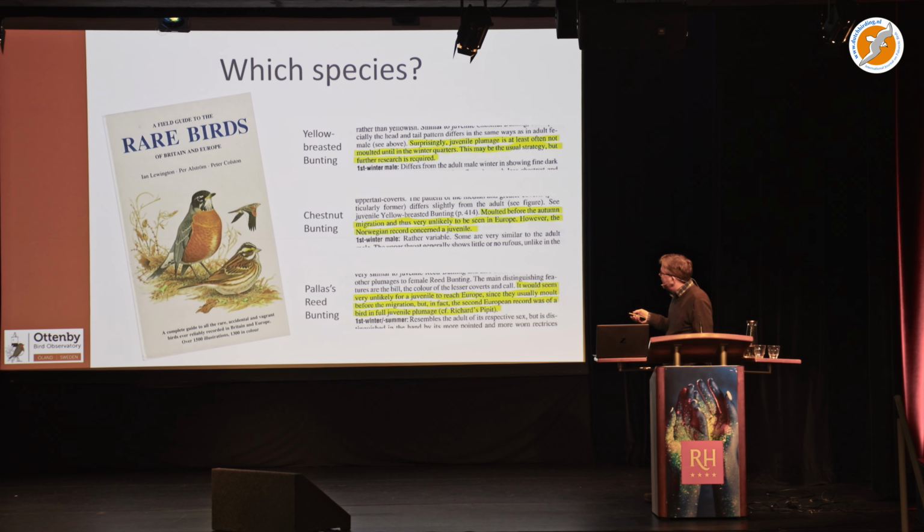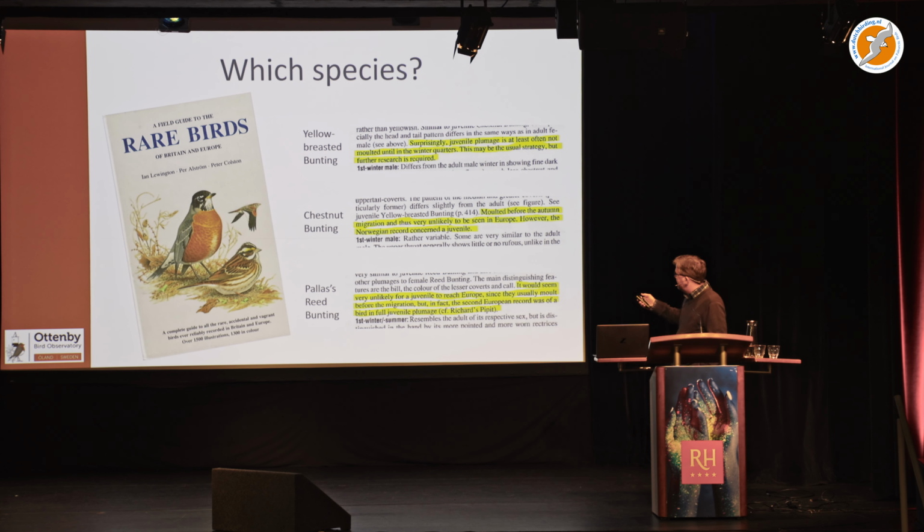But then, if we continue with chestnut bunting, Per writes that the juvenile plumage is molted before the autumn migration and thus very unlikely to be seen in Europe. However, the Norwegian record concerned a juvenile. So he does think it's unlikely, but still notes that there was a bird in juvenile plumage recorded in Norway.